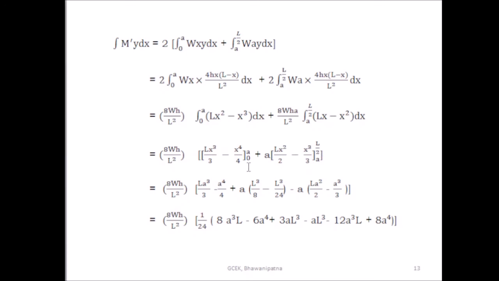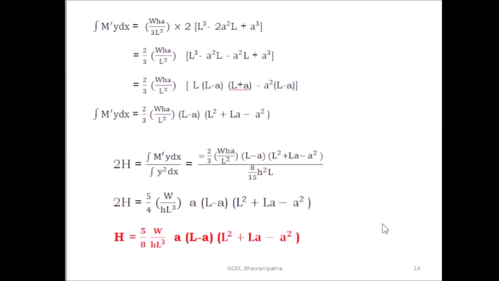Then after putting the integration limit in this expression, 8wh by l square into 1 by 24 times 8a cube l minus 6a fourth plus 3al cube minus al cube minus 12a cube l plus 8a fourth. Then the integration of m dash y dx is equal to wha by 3l square into 2l cube minus 2a square l plus a cube.